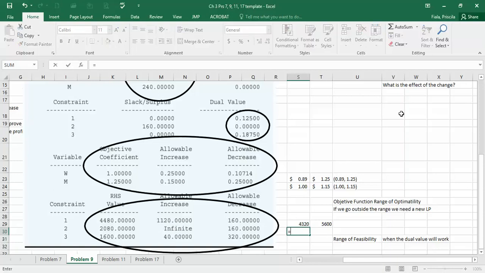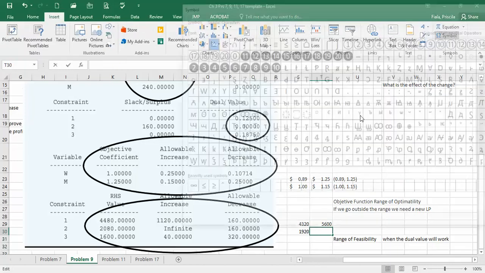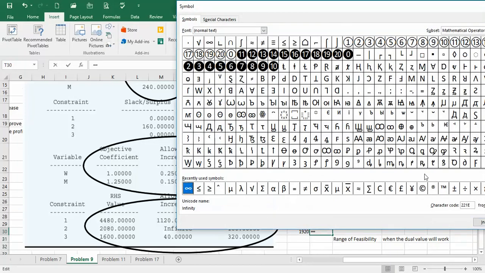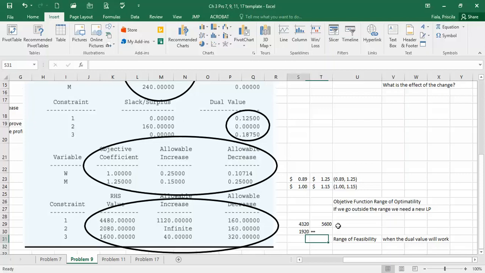Now I'm going to do the same thing for the second one, which is 2080, correct? Minus a decrease of 160. And then now, well, really, if we have an infinite, then we can just go ahead and we know it's an infinite value. We can just go ahead and include the symbol infinite right here. Okay.